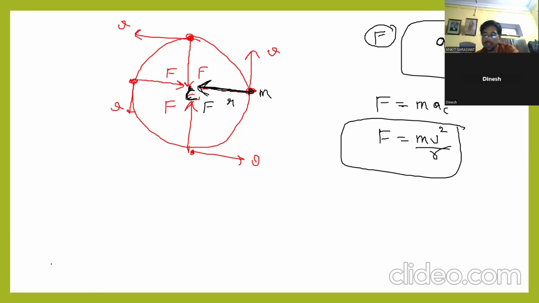Now you understand, I think, and if you want to write, you can write. Next question: a particle is moving in a circular path only.